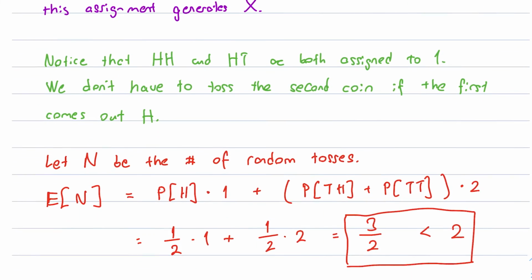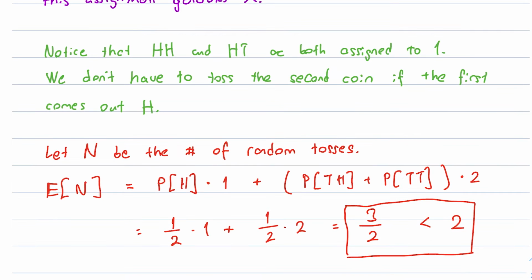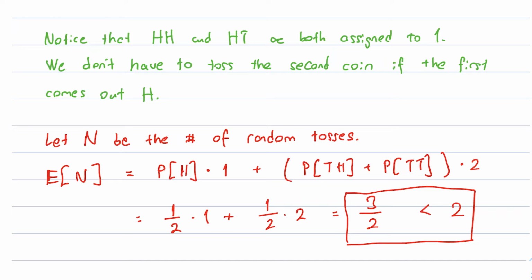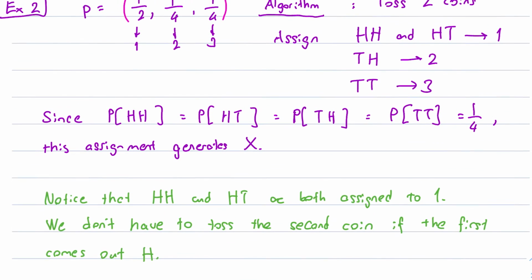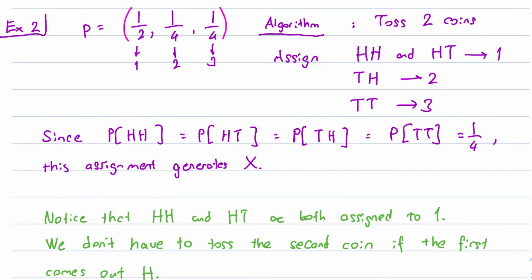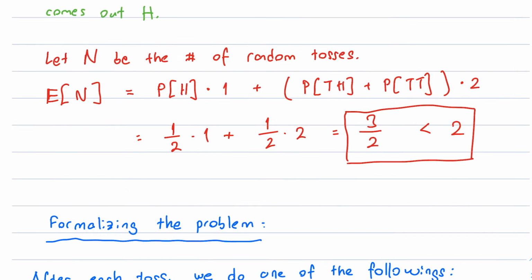And if N denotes the number of random tosses, its expected value, which is the average number of tosses, is equal to 1/2 times 1 plus 1/2 times 2 equals 3/2. And this is strictly less than 2, which is the average number of tosses for the first algorithm. Therefore, there might be different algorithms with different number of average tosses.